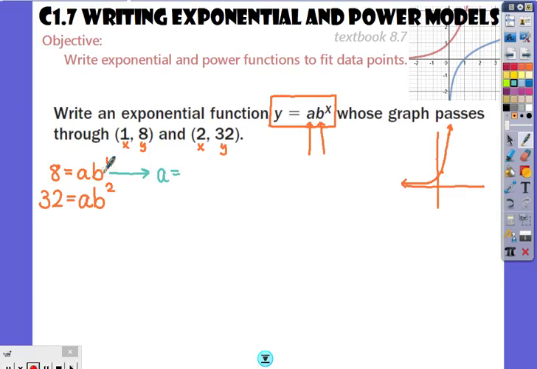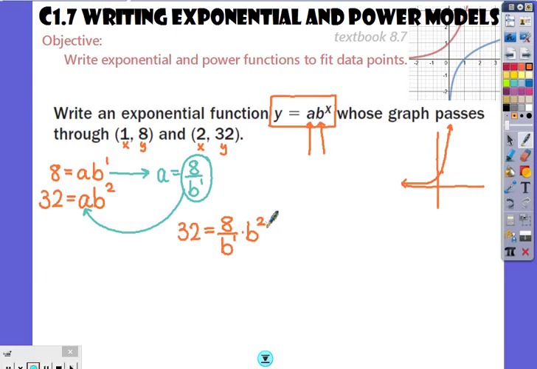If I got the a by itself, I'd divide by b to the 1 over. So 8 divided by b to the 1. And then if I take that and substitute it into the second equation, then I just have b in this equation.